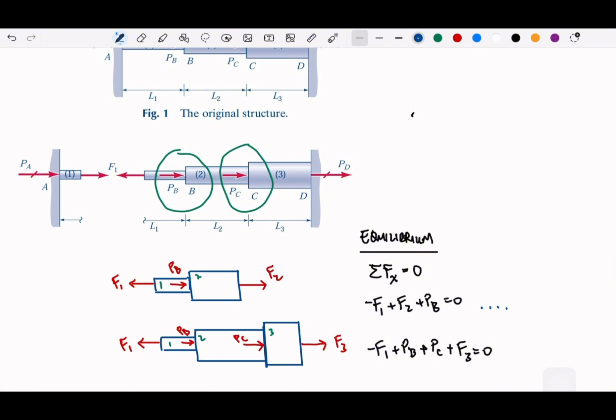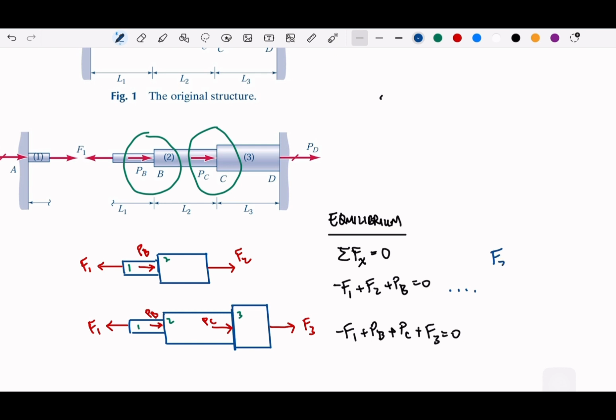For example, suppose we know PB and PC, then we can write F2 in terms of F1 and PB, and F3 in terms of F1. So we treat F1 as the external force, although F1 is actually an internal force. This is to help in solving the system of equations.